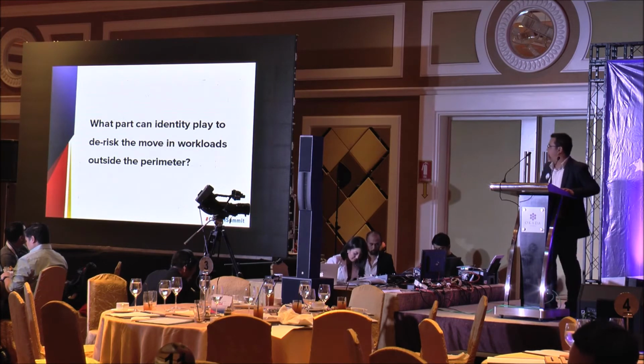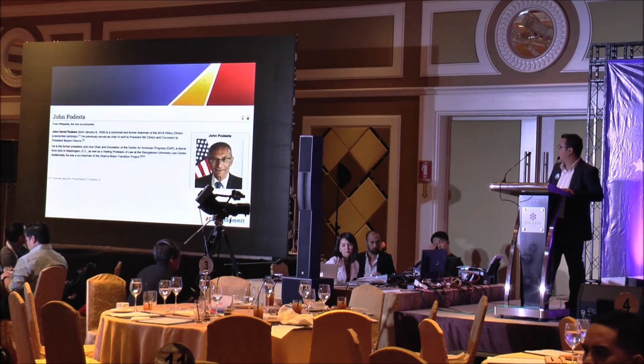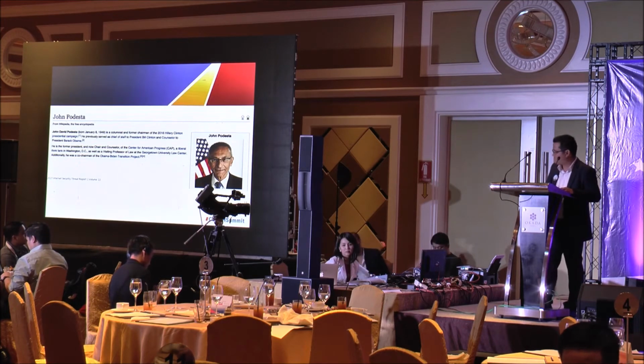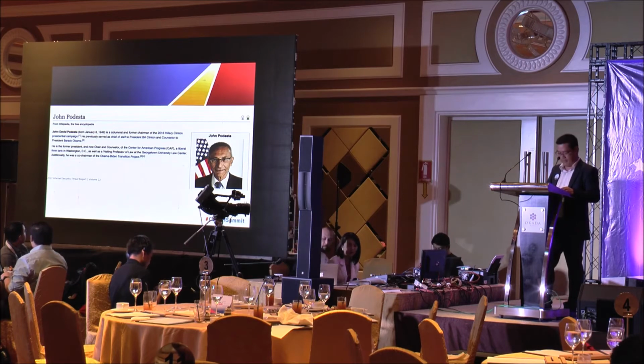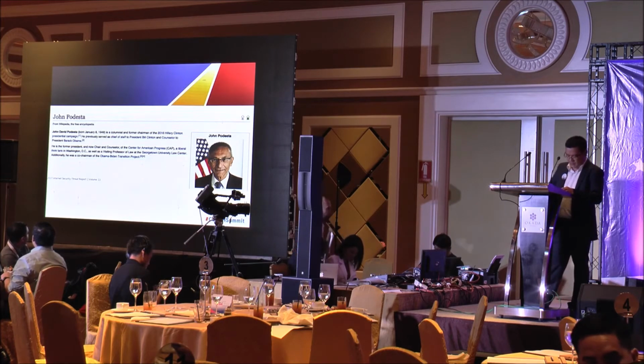So what part can identity play in the risk of moving workloads outside the perimeter? One of the examples I have here is a phishing attack that happened in 2016.